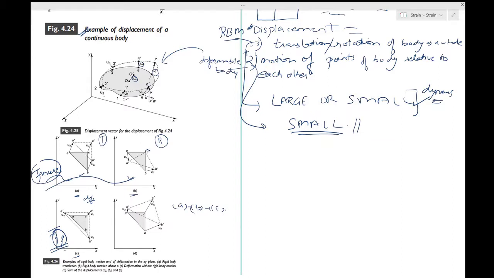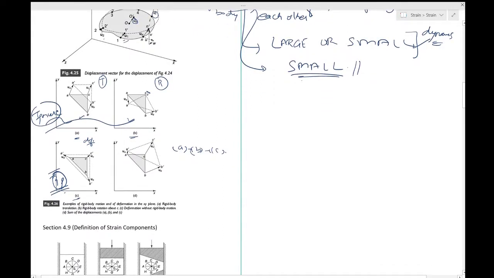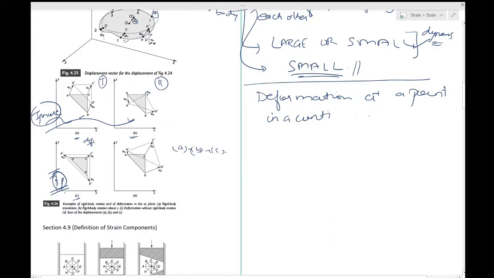And all this is what we want to say, that we have to study the deformation at a point in a continuous body. This is very similar to the forces and the stresses which were acting at a point in that body. So we are defining all this at a specific point.